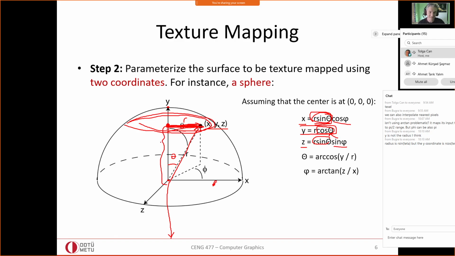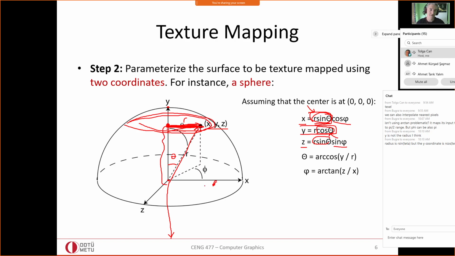So I was interpreting the picture correctly. The radius really is r sin theta, and it's written correctly here as r sin theta. But if you look at the y coordinate, which tells you how high, the y coordinate is not your radius. The y coordinate is how high you're away from the equator. So it should be 0 when you're at the equator.